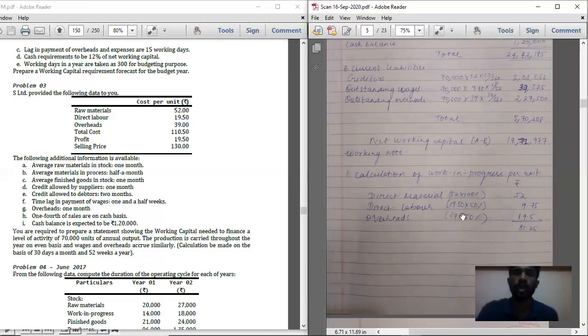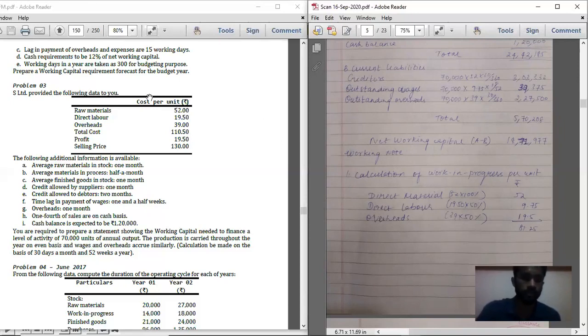And last one is overheads. How much are the overheads? Fixed and variable put together is 39 rupees. So in brackets 39 into 50%, since overheads also we take only 50%. In the amount column, put 19.5.